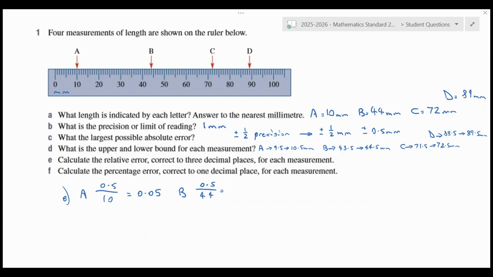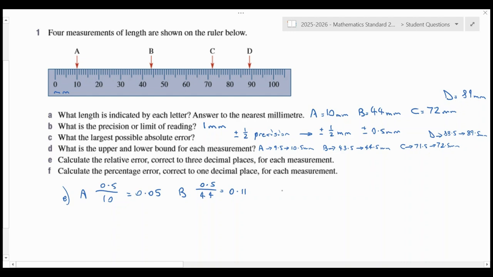So when I put that into a calculator, I've got 0.5 over 44. And we want to do it correct to 3 decimal places. So this one will be 0.011. And don't forget, these are plus or minus, but I'm not even going to bother.